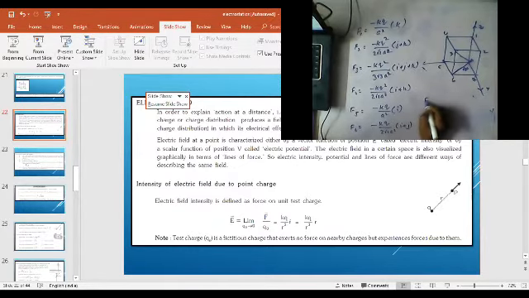And last one is F7. F7 is on the y-axis, so we can write this as minus kq square by a square, and here it is j cap. Clear, guys? I hope you understood.